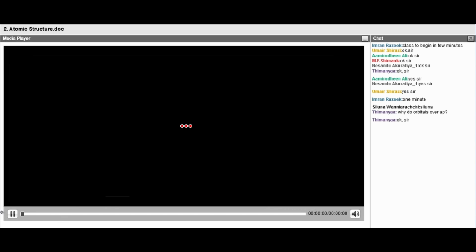So this is how an atom of scandium looks. Up to 3d is filled. 4s is filled first, and then the 3d is filled afterwards. Clear?